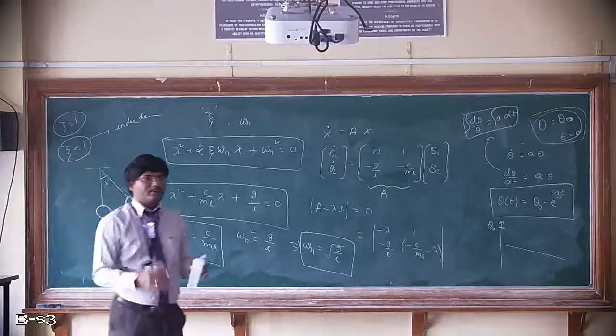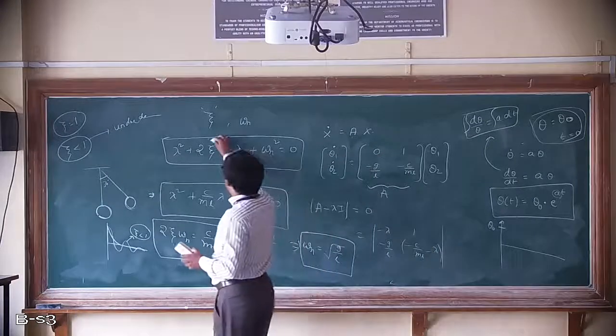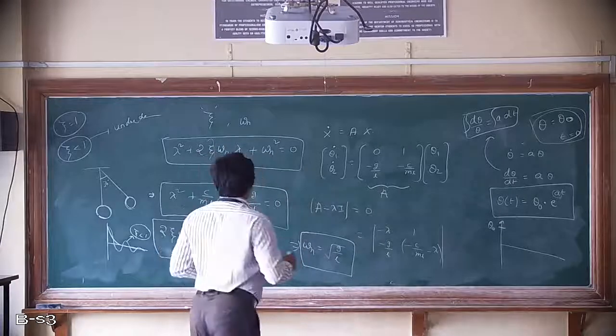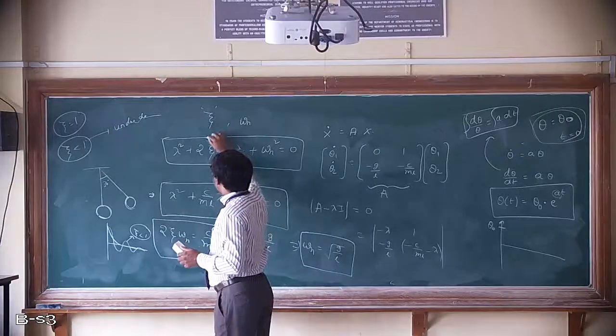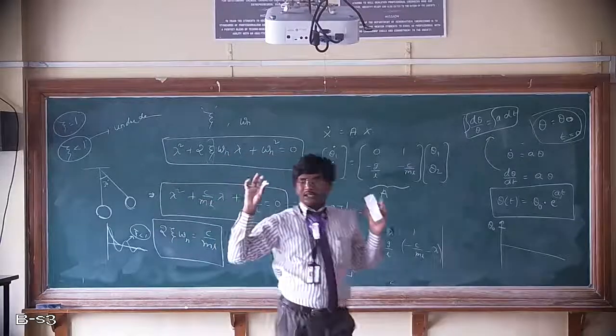Are you getting? So especially this zeta, very powerful term. This is nothing but damping ratio. If zeta is equal to 1, that is we are saying as critically damped system.